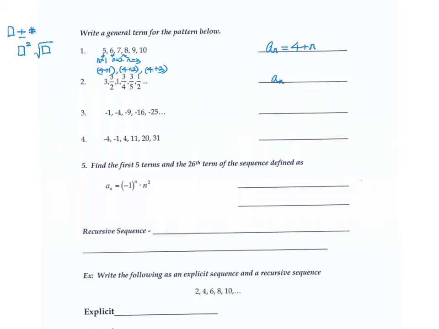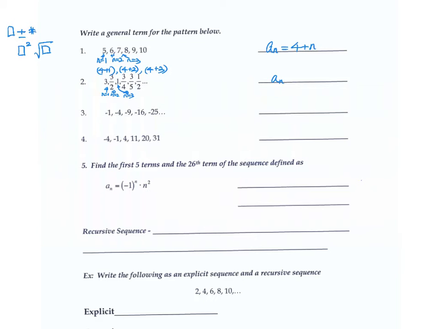Second one, so there's my n equals 1 right here, n equals 2, and n equals 3 right here. So let's see, can I rewrite these? Actually, this one is right here. Can I rewrite the first 3 terms in a way that has some kind of pattern?